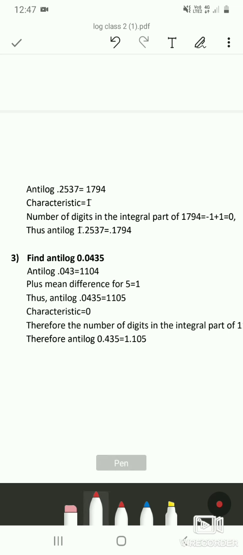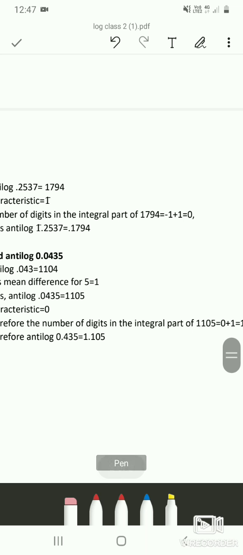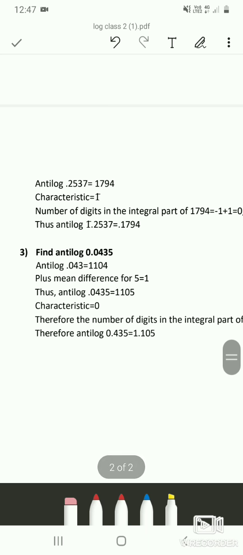Therefore the antilog of 0.0435 is 1105. Here the characteristic is 0, so the number of digits in the integral part of 1105 would be 1 more than the numerical value, because the characteristic is positive.